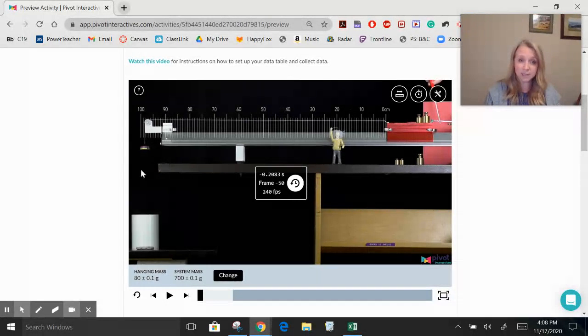So now the system mass has changed. And we're going to do the same thing, see what happens. So I'm interested in the relationship between how the mass changes and how that changes the acceleration. So notice I'm keeping the force constant on this, okay?